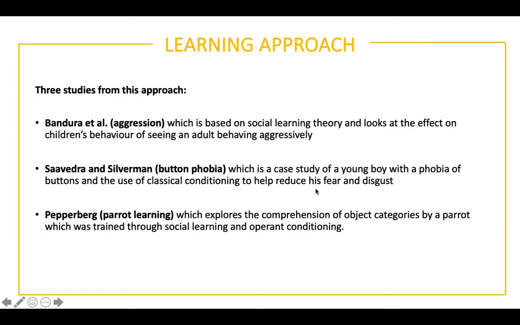And the final study of the syllabus will be Pepperberg, which is about a parrot and explores the comprehension of object categories by a parrot, which was trained through social learning and operant conditioning. For example, if you watch movies, there are dogs who are trained, and usually if they do a behavior, they get a treat at the end.